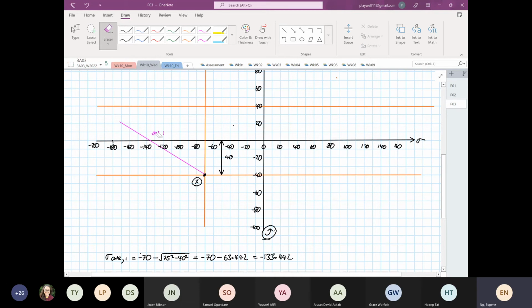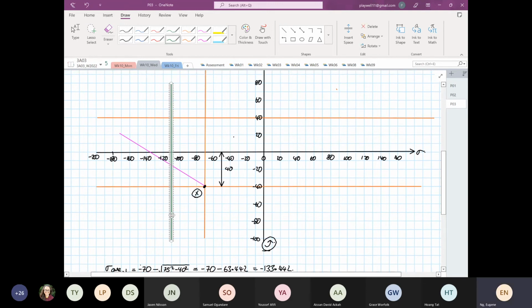So we have found our stress average to be here. Okay, so I'm going to use green for our stress average line. So this is 130, 150, 133, somewhere around here. So this point over here is our stress average one.